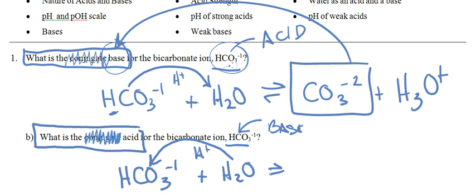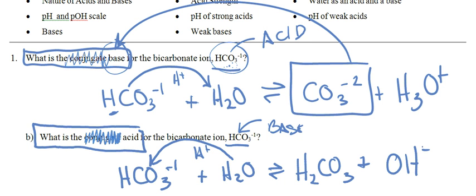So on the other side of the equation, we'll have one more hydrogen. And that's carbonic acid. So notice that the charge goes from -1 to no charge. And then the water turns into a hydroxide. So this thing acts like a base because it's acting like a base. So bases accept hydrogen. Acids donate hydrogen.